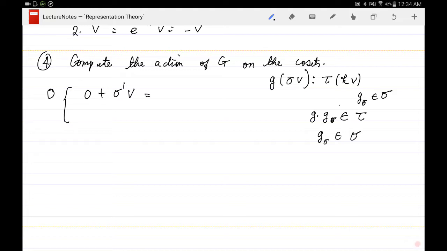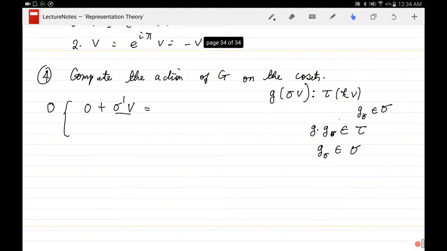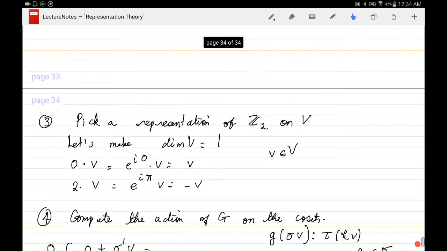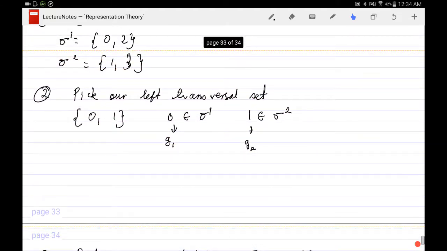So we represent sigma 1 V by a coset representative, which for us, remember, is 0.